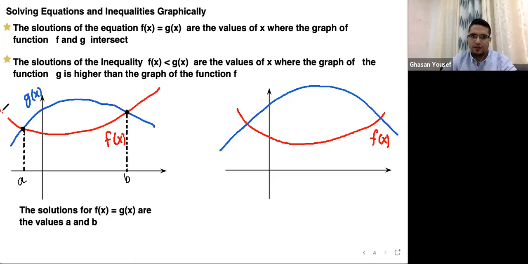Now, for the second type, they ask for the solution of an inequality.